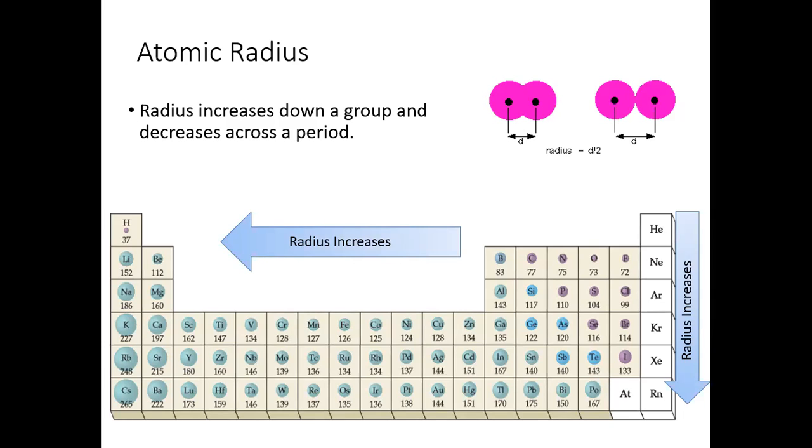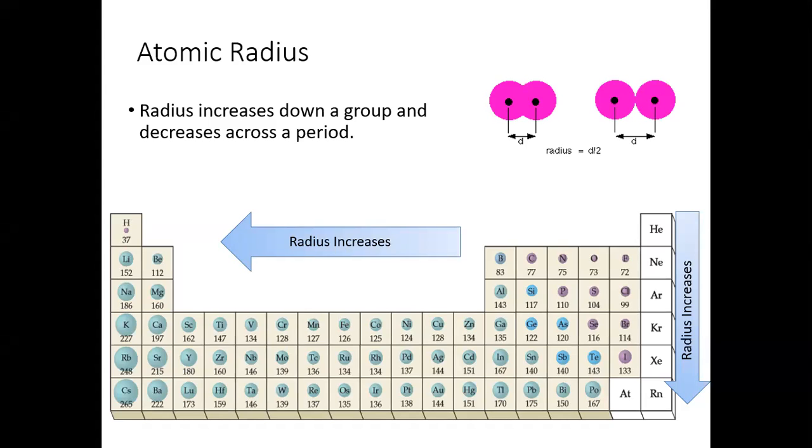For example, let me just look at sodium versus magnesium. That's on the third row, the first two elements in the third row, sodium and magnesium. Sodium would have 11 protons in the nucleus. Remember, the protons are positively charged. They pull on the electrons.